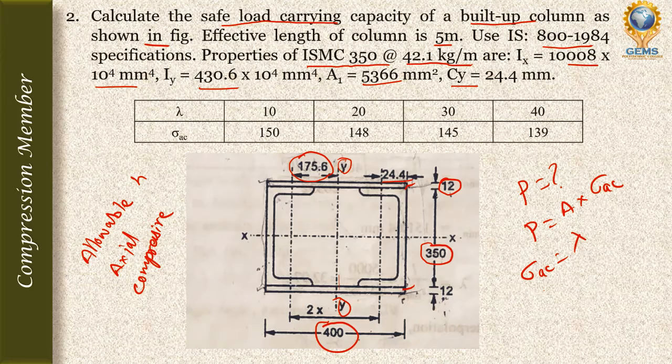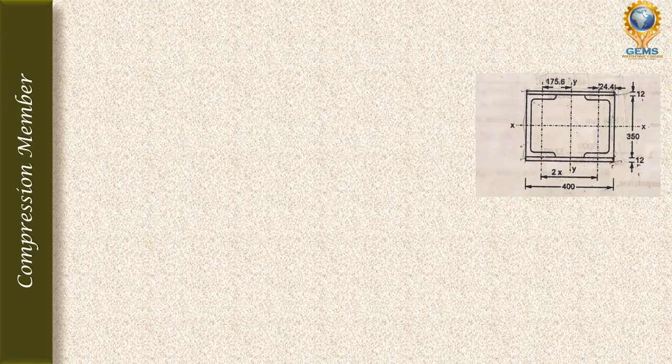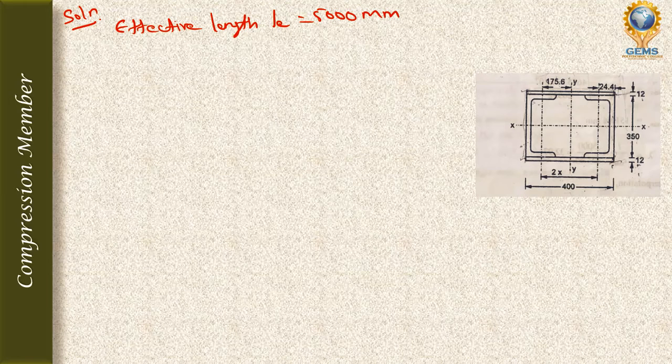So let's do the problem. Solution. We know the effective length LE is equal to 5 meter, that is 5000 mm. We know the area of the built-up column. So what is the area?